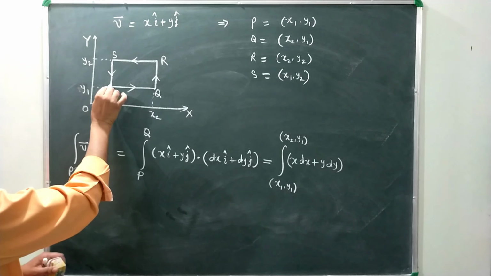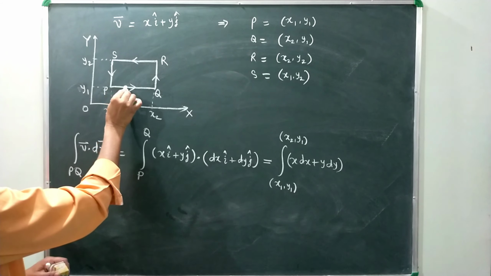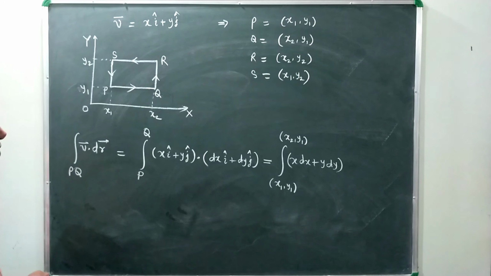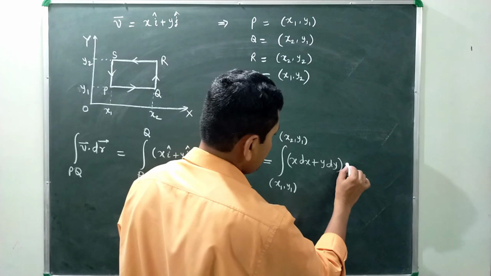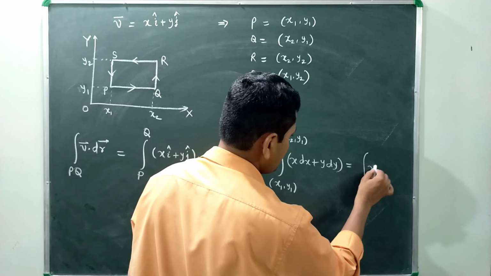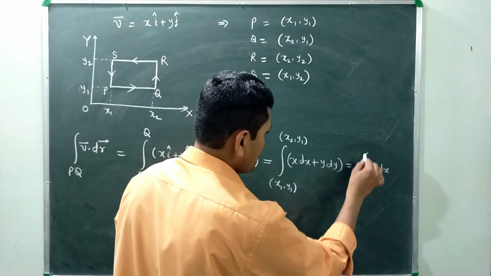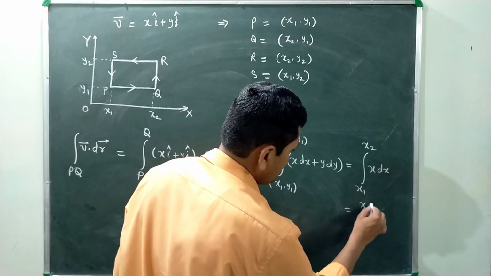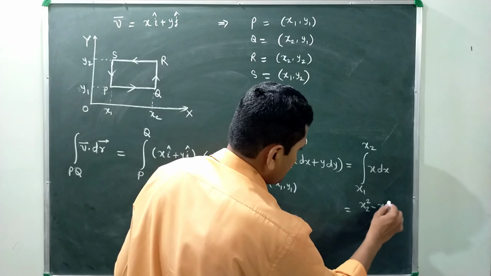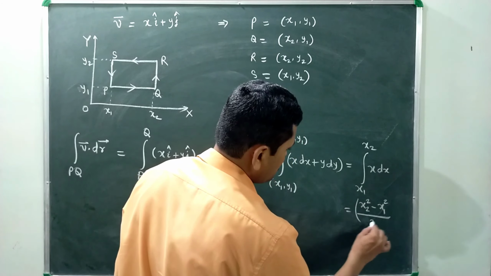Now along this line PQ, we know that there is a variation in the value of x, but there is no variation in the value of y. This means y is constant at each and every point on this line PQ. This means dy will be 0. So here this dy will be 0 and we are left with integral x dx. And this x varies from x1 to x2, and this integral when evaluated comes to be (x2 square minus x1 square) upon 2.